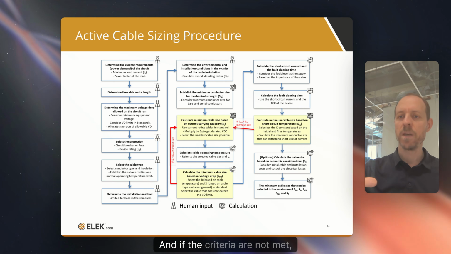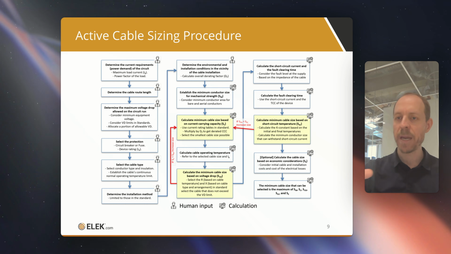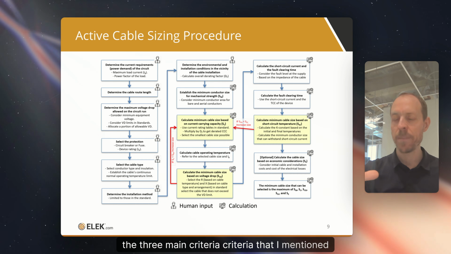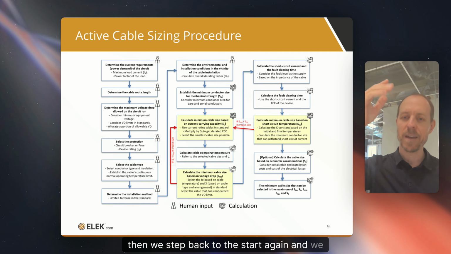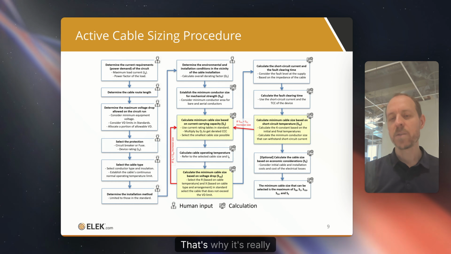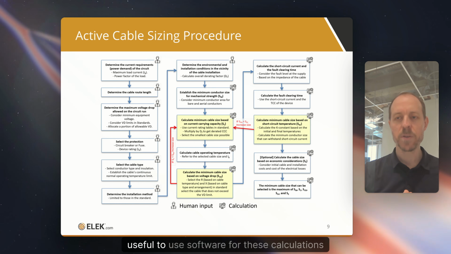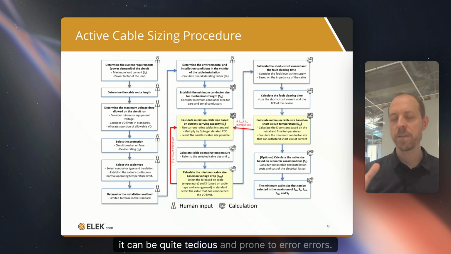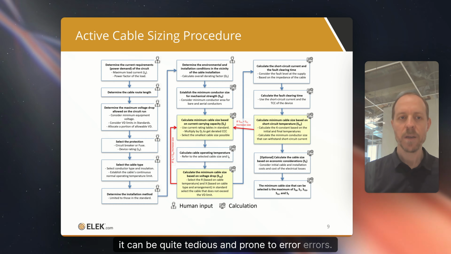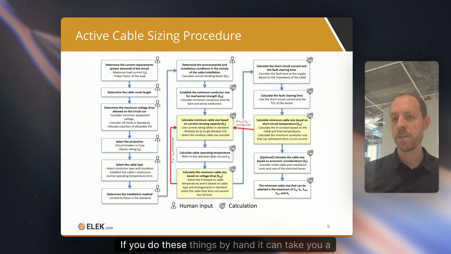And if the three main criteria that I mentioned are not met, then we step back to the start again and we recalculate. That's why it's really useful to use software for these calculations, because it can be quite tedious and prone to errors if you do these things by hand.